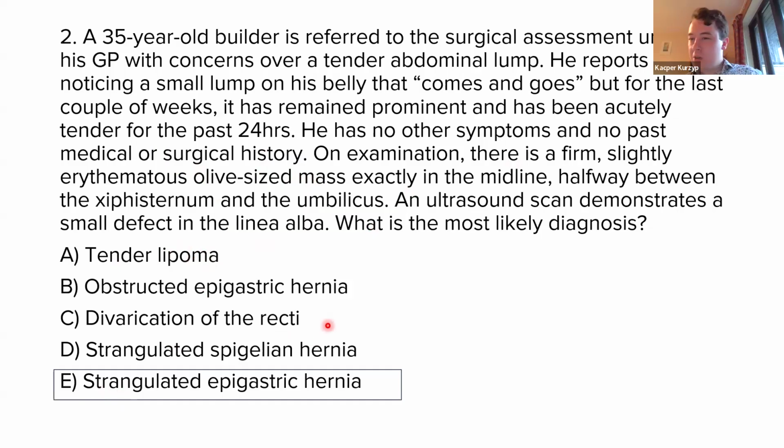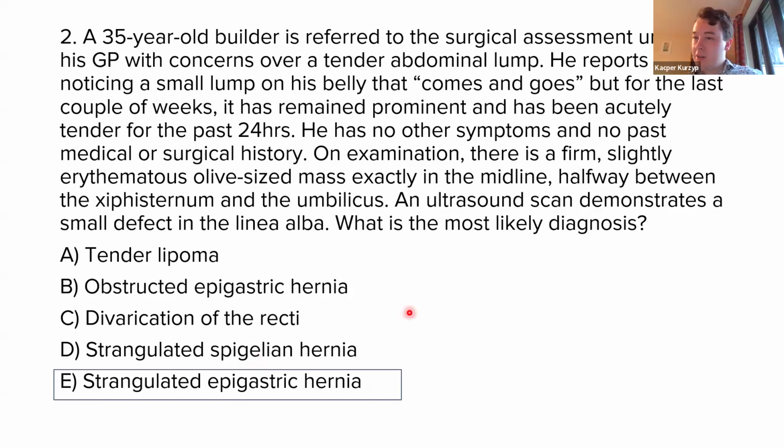Now, divarication of recti, as we've just discussed, it doesn't really strangulate. It is in the midline, but it's typically much more oval and larger mass. Spigelian hernia could be, but the location is not great. Spigelian hernias tend to be lateral. If you think about the six-pack muscle, it tends to be on the side and typically lower down.